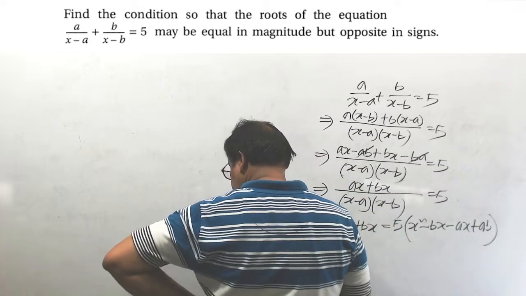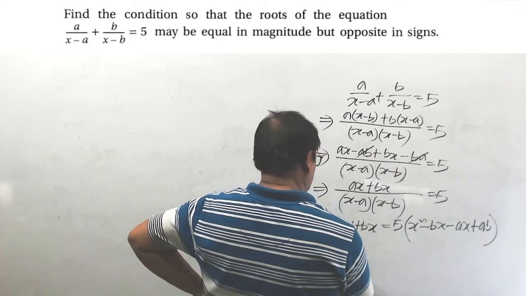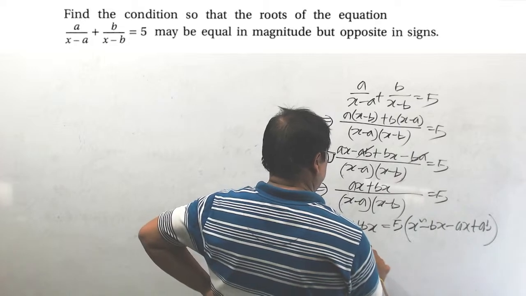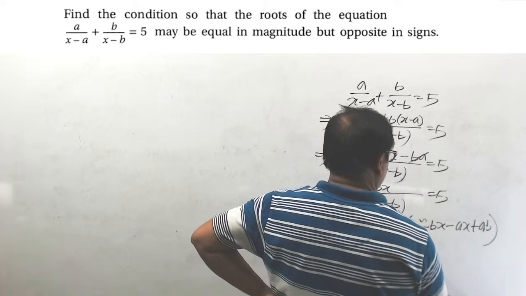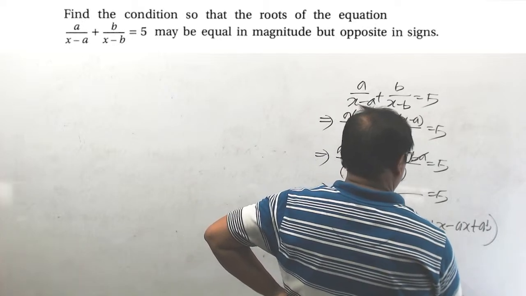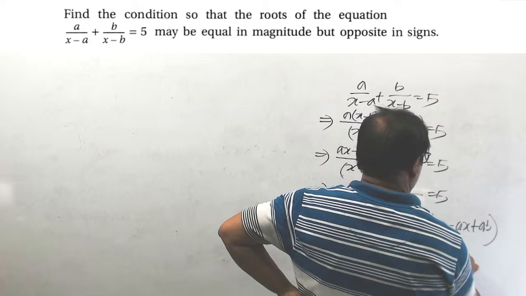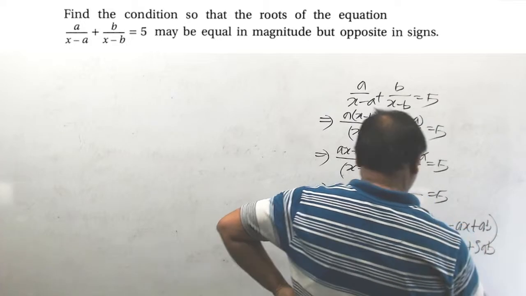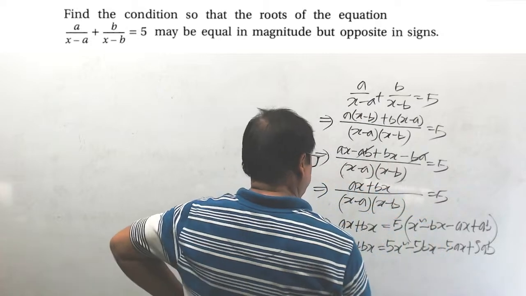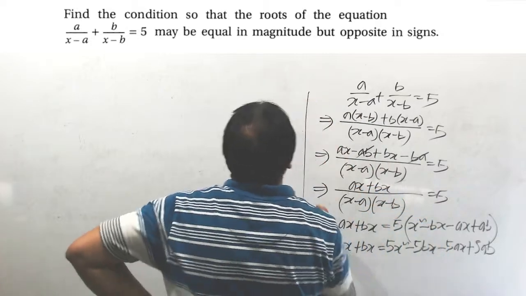This implies ax plus bx is equal to 5x square minus 5bx minus 5ax plus 5ab. Clear? Come here.